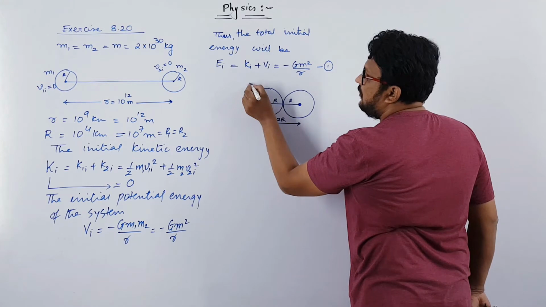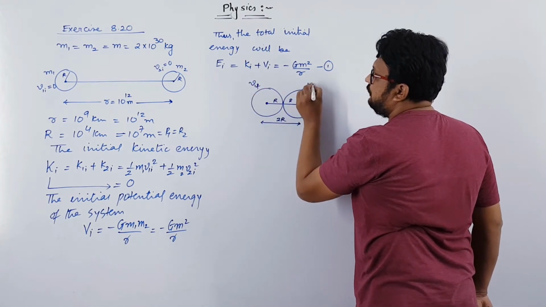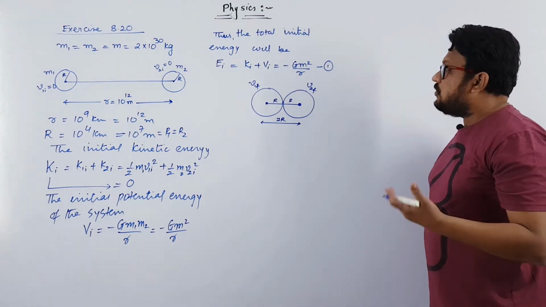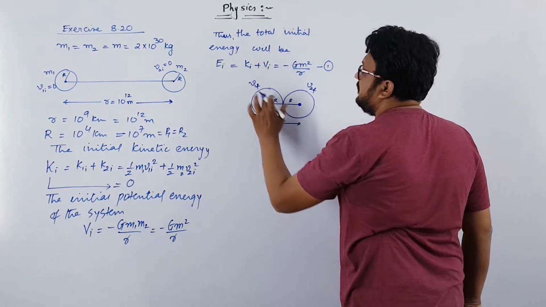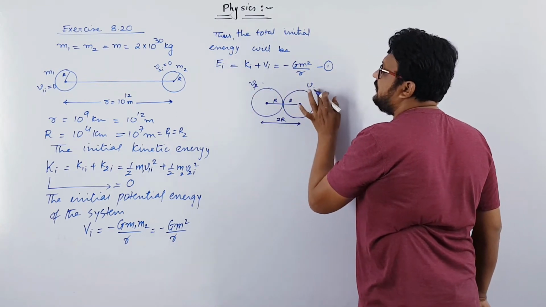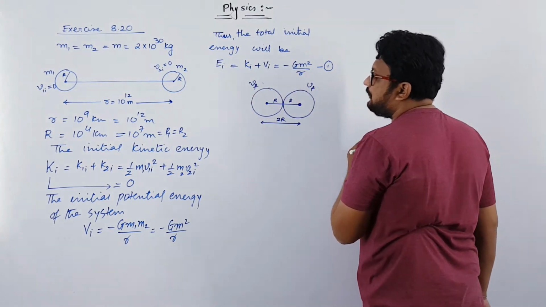Let us say their velocities are v1f and v2f. Actually both are having the same mass, right? So their v1f and v2f will be the same. So let us write simply vf. The velocity when they collide with each other is vf.